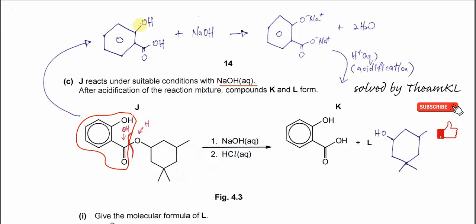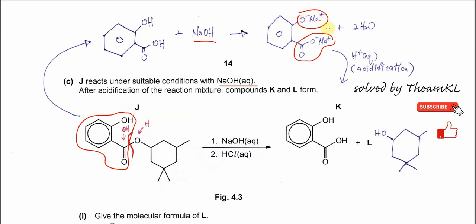Then the carboxylic acid will further react with the alkaline to form this carboxylate. And of course the phenol itself also will react because it's a weak acid, so it will form this phenoxide too, right?